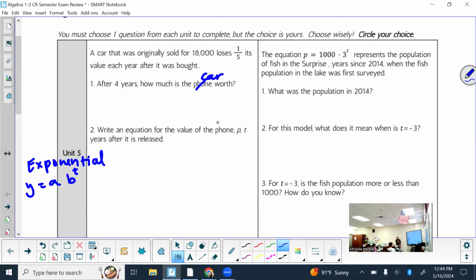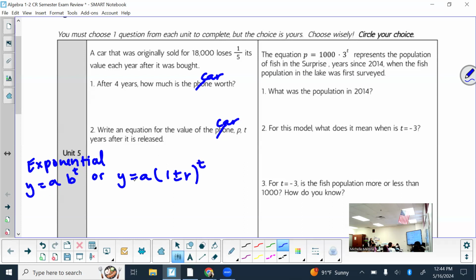And then write an equation for the value of the car t years after it was bought. Since we're losing by a ratio, which could also be a percentage, I would recommend this equation for our exponential functions, the one where the b is 1 plus or minus the rate that it is increasing or decreasing by.